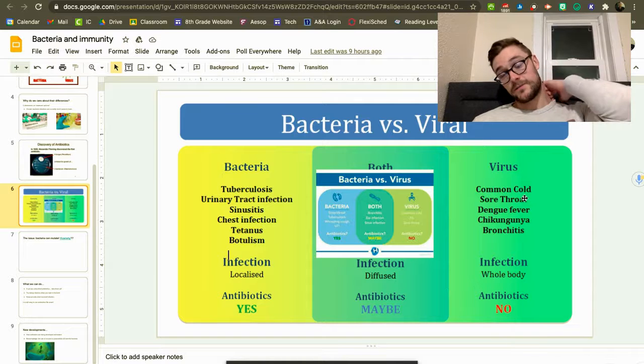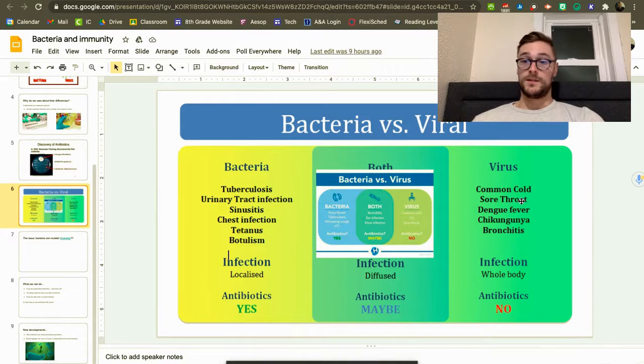On the other side, you have the common cold, sore throat, bronchitis. You also have COVID as well, and it affects the whole body because it ends up affecting your DNA, kind of splicing itself in. And then it cannot be solved with antibiotics, so there has to be some other means for it.